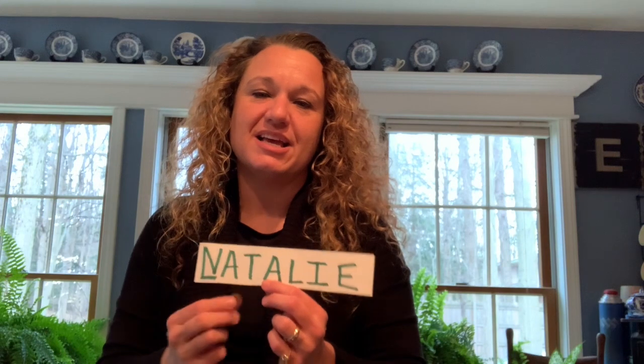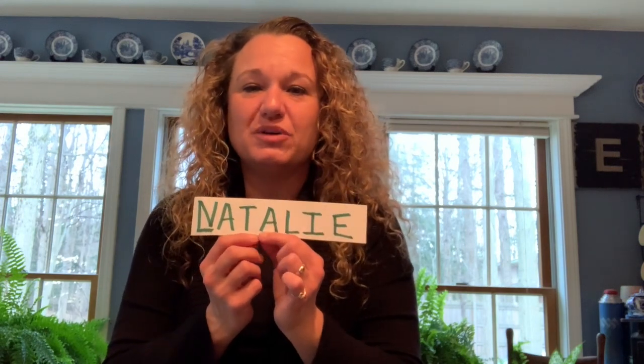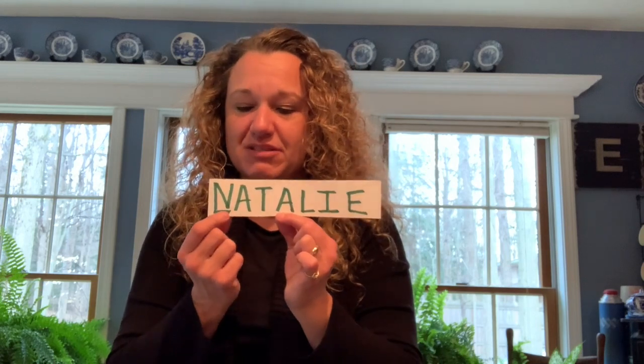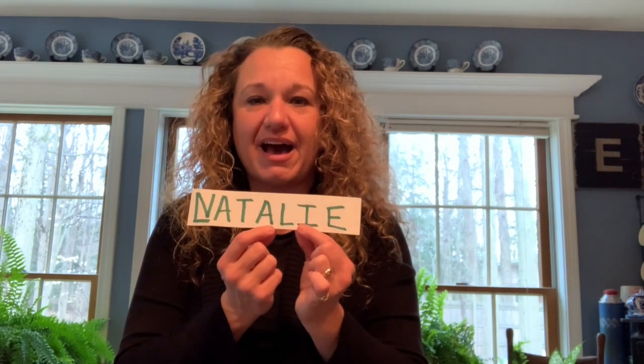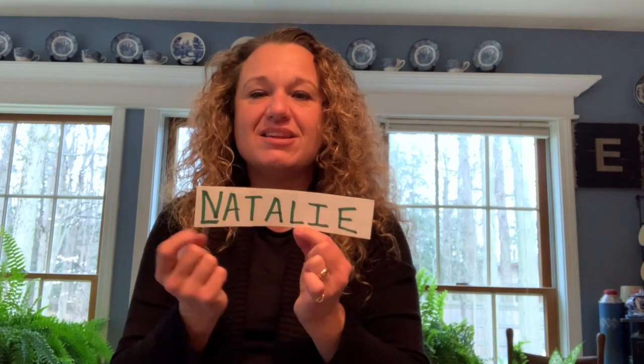Now, 2 friends in our school have a name that starts with N, and the first one is Natalie, who is in Miss Erin's morning class, and her name starts with an N. N-A-T-A-L-I-E.